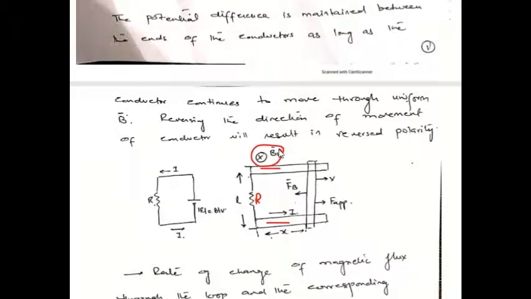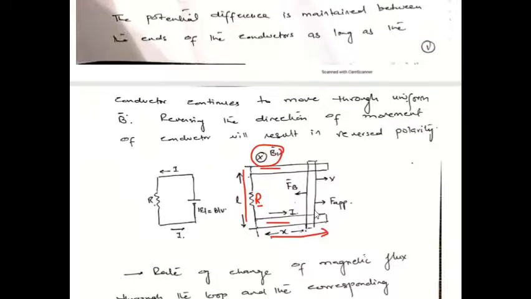The direction of the magnetic field is again going into the screen of the laptop, and we have connected a load over here, and that is resistance R. This side is L, and as we vary the width over here, we will call this side X. So we are going to vary X, and L stays the same.